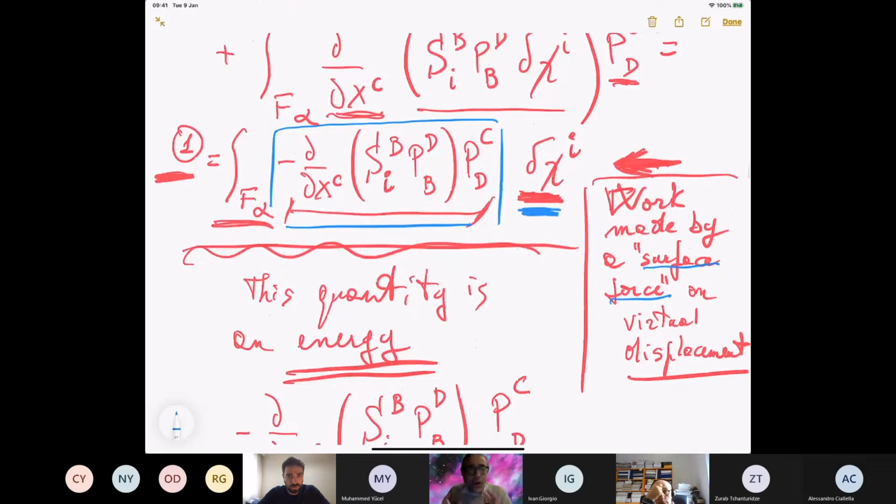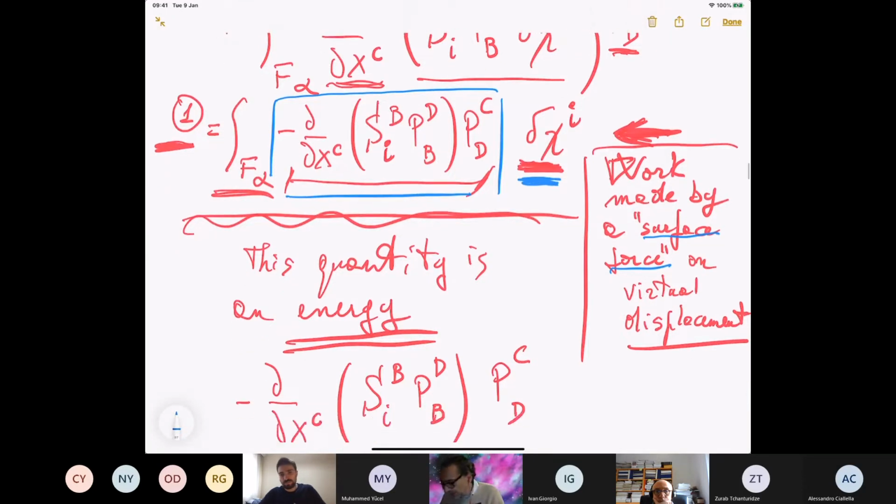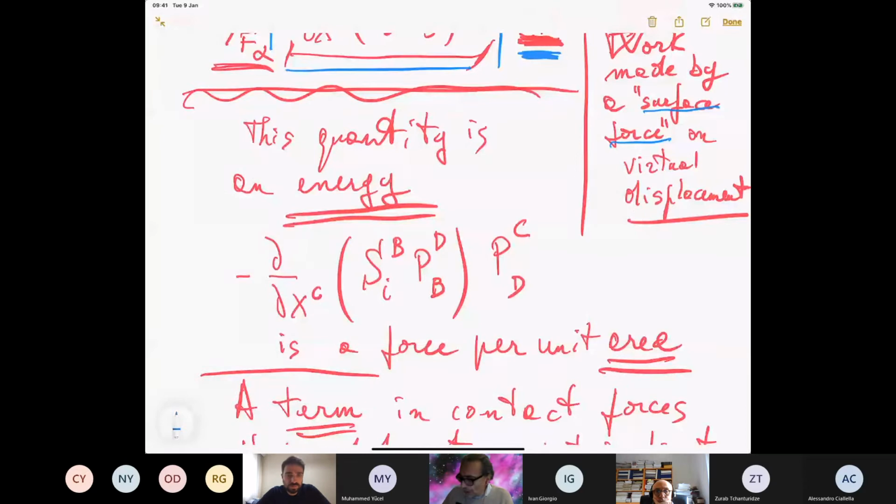However, a close inquiry about how this expression is made will teach us that this is not a Cauchy type contact surface force. So this quantity is an energy.